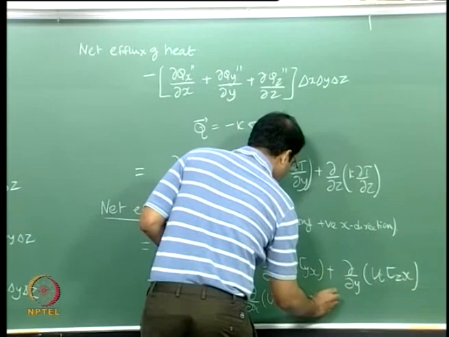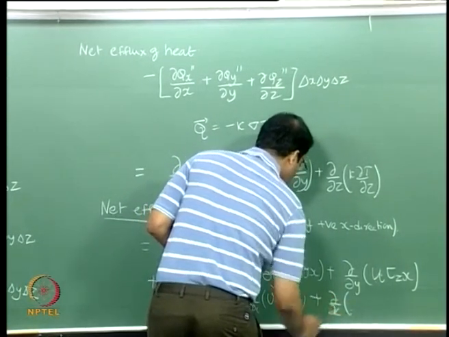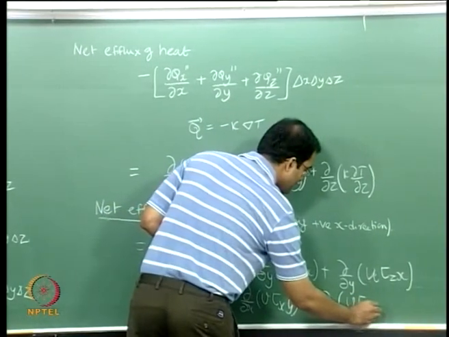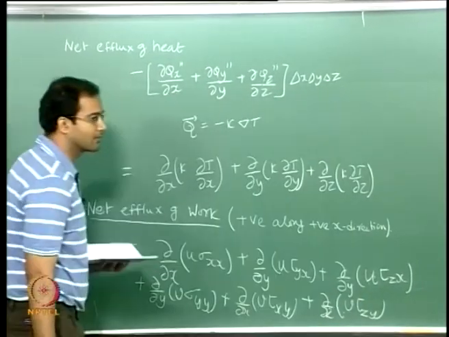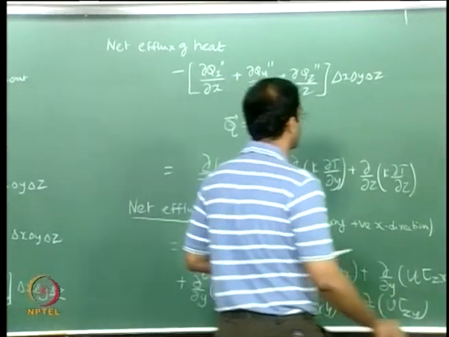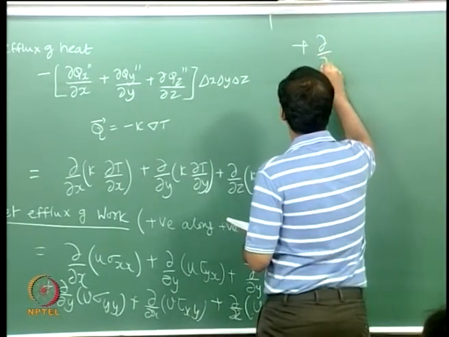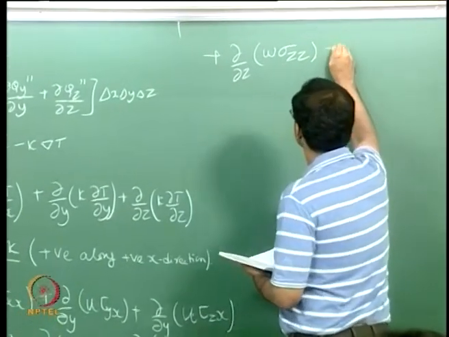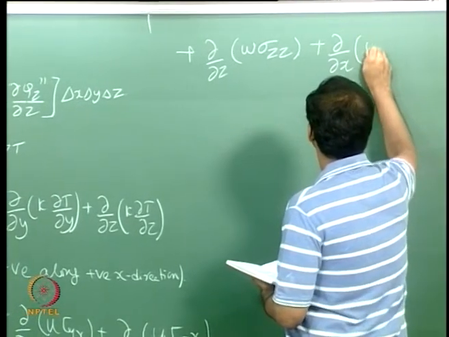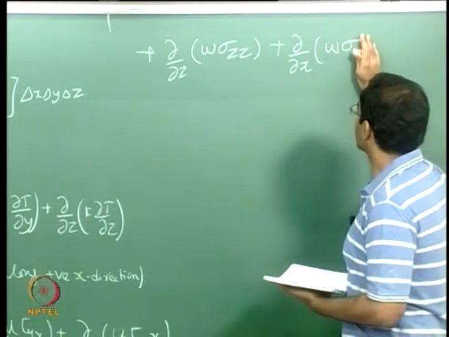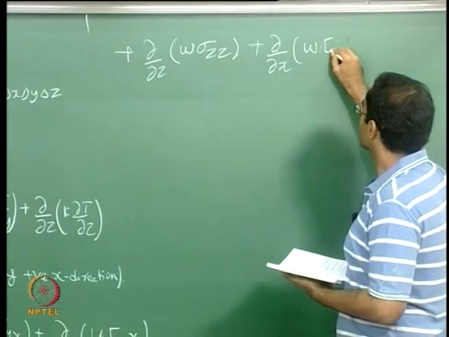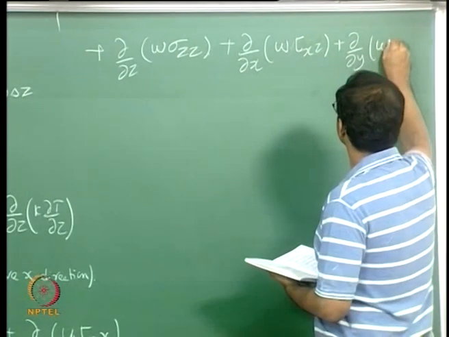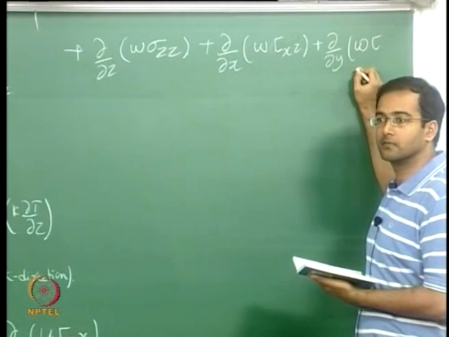Plus d by dz of v into tau zy. This is a good exercise for you. Plus you have d by dz of w into sigma zz, plus d by dx of w into tau xz, plus d by dy of w tau yz.